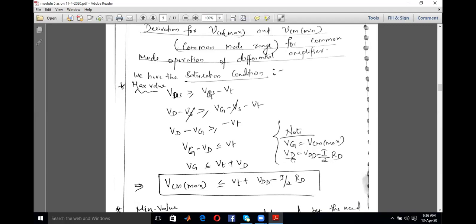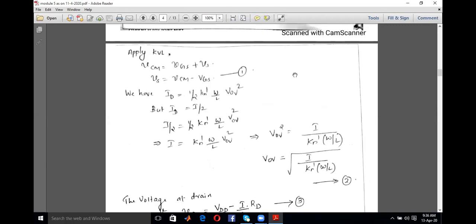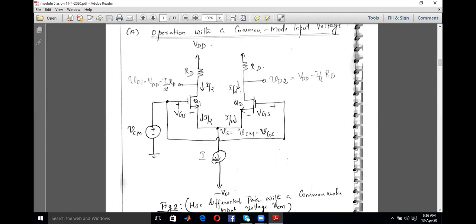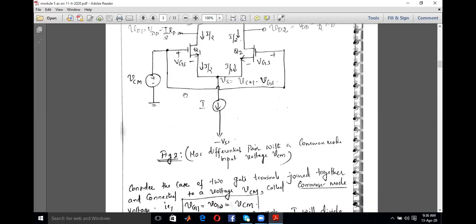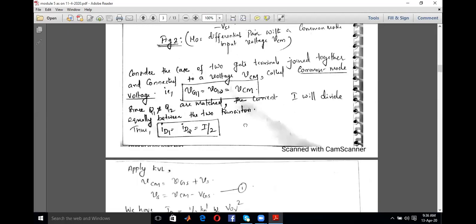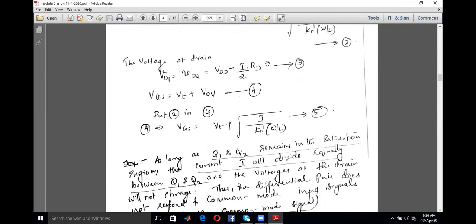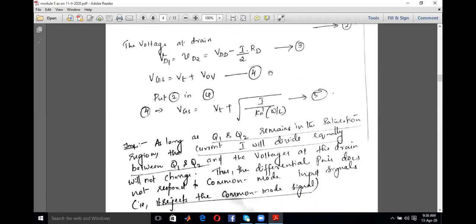So instead of VG you can write VCM max, because VG is the same as VCM. You are giving VCM to the gate only. Why VCM max? Because it is less than or equal to.